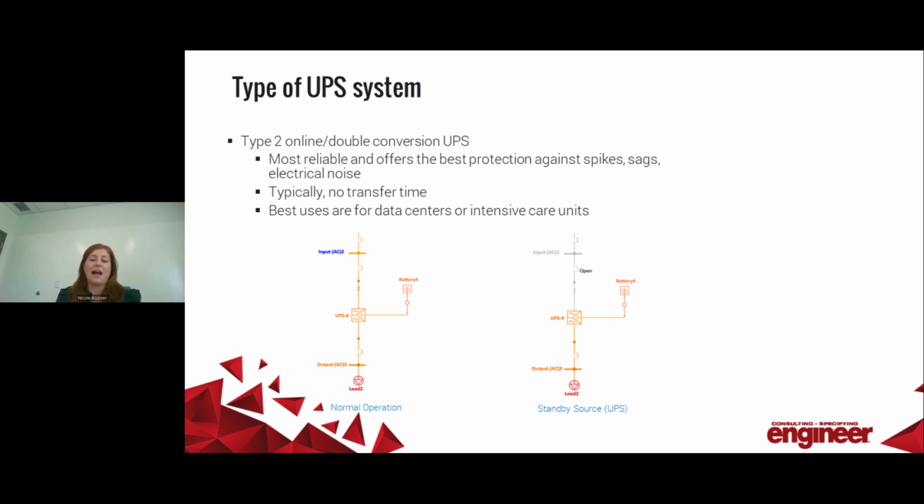Doing that means that the output is independent of any voltage or frequency abnormalities that may be occurring on the input to the UPS. Batteries are always connected through the inverter in this type of UPS, so there is zero transfer time. This makes it ideal for critical equipment or equipment that requires electrical isolation.